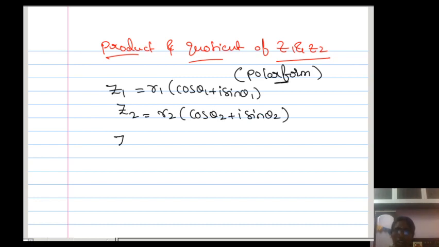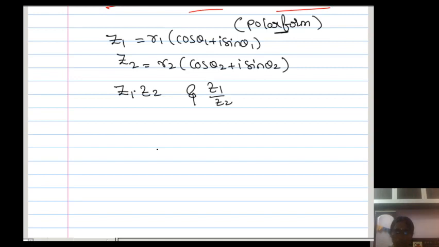I want to find z1 into z2 and z1 by z2 in polar form, and how to represent it geometrically. So what are the coordinates r1 and theta1 here? What is r1? Mod z1. So first I want to represent z1 as a point P1, and z2 as a point P2. So first I discuss the product.